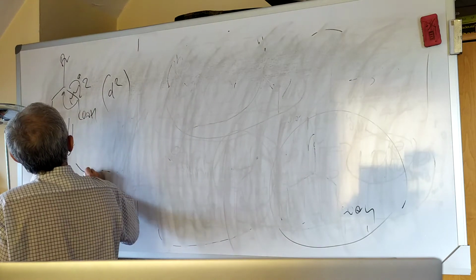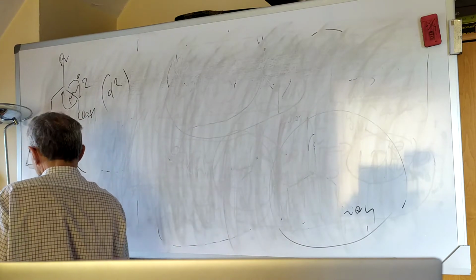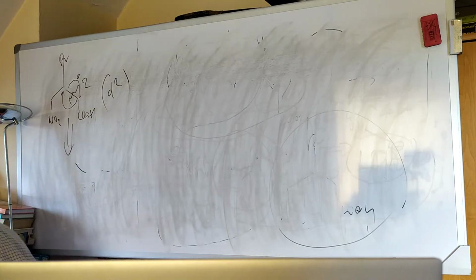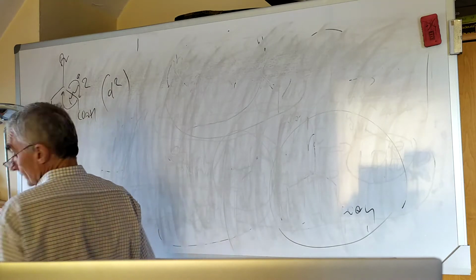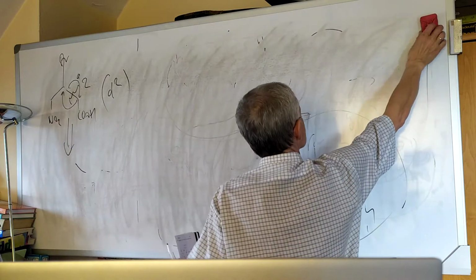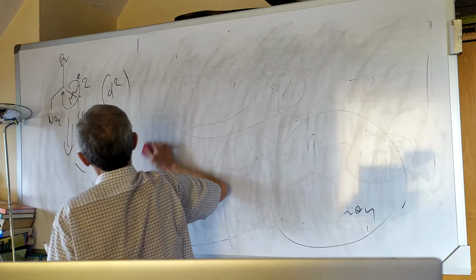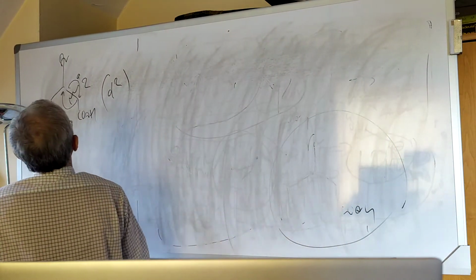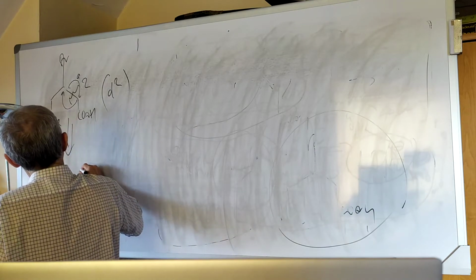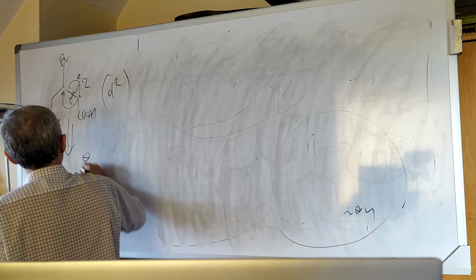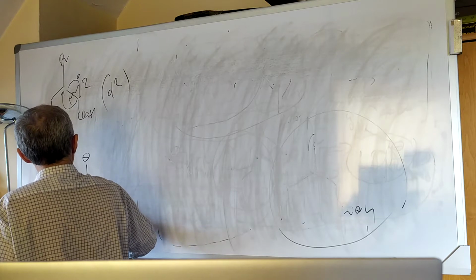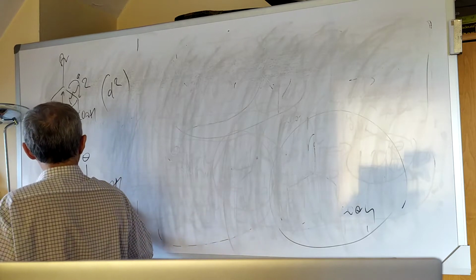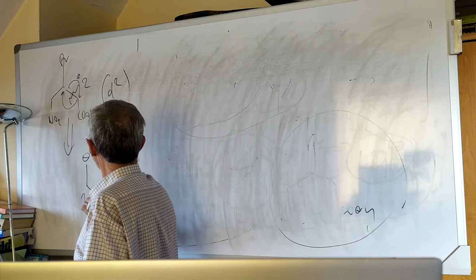So D2, we have something like that. Okay, it's getting off here. So we'll have minus, and everybody can see that it is 0, 1, 2.